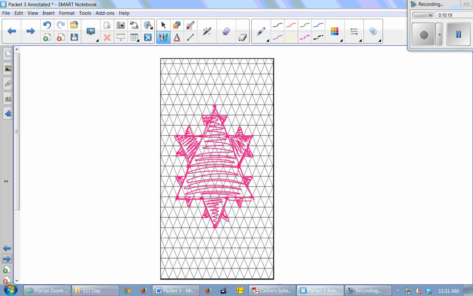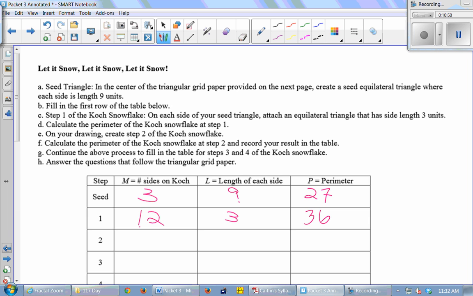Okay, so if I count the sides here, let's see. I'll do it in a different color so we don't lose track. 1, 2, 3, 4, 5, 6, 7, 8, 9, 10, 11, 12, 13, up through 48. 48 sides in step 2.